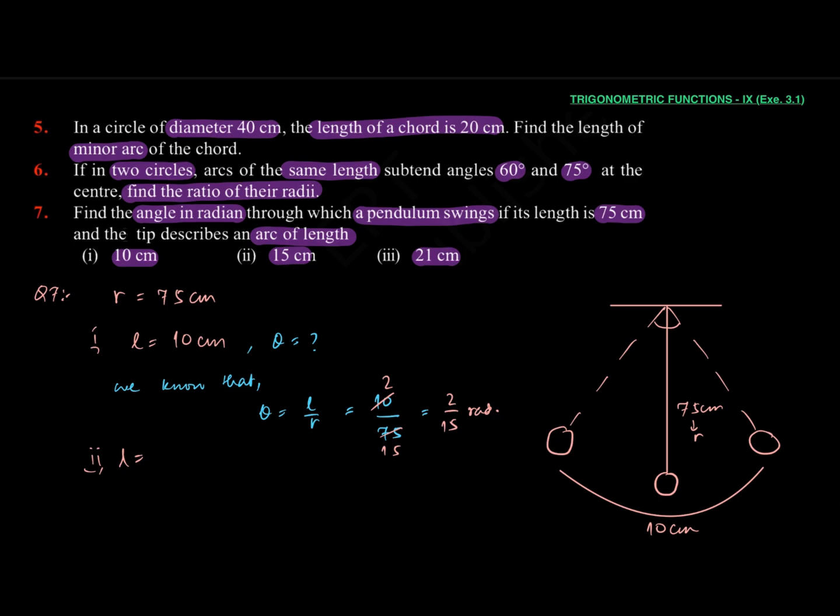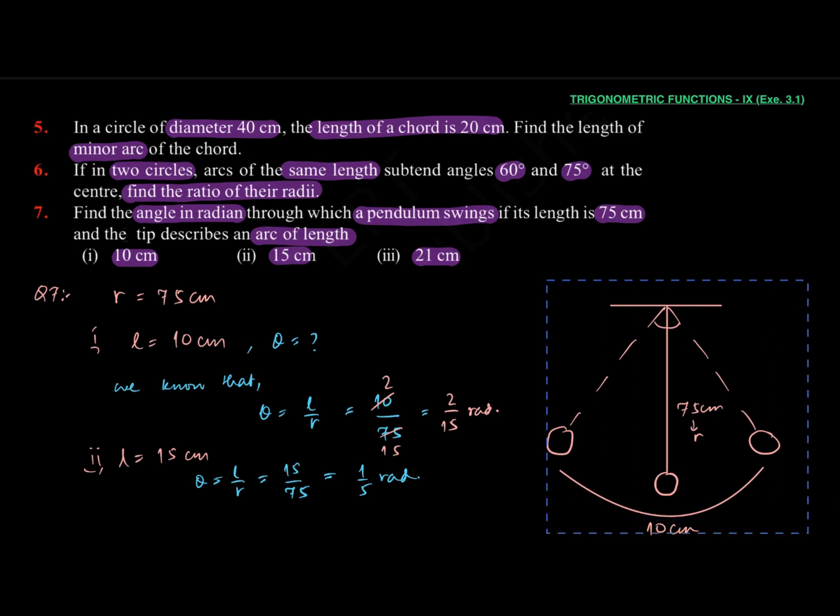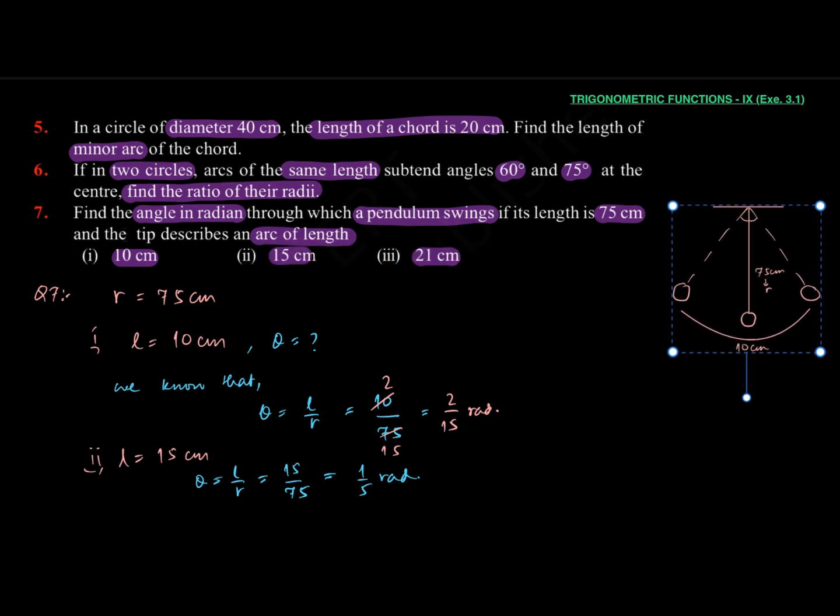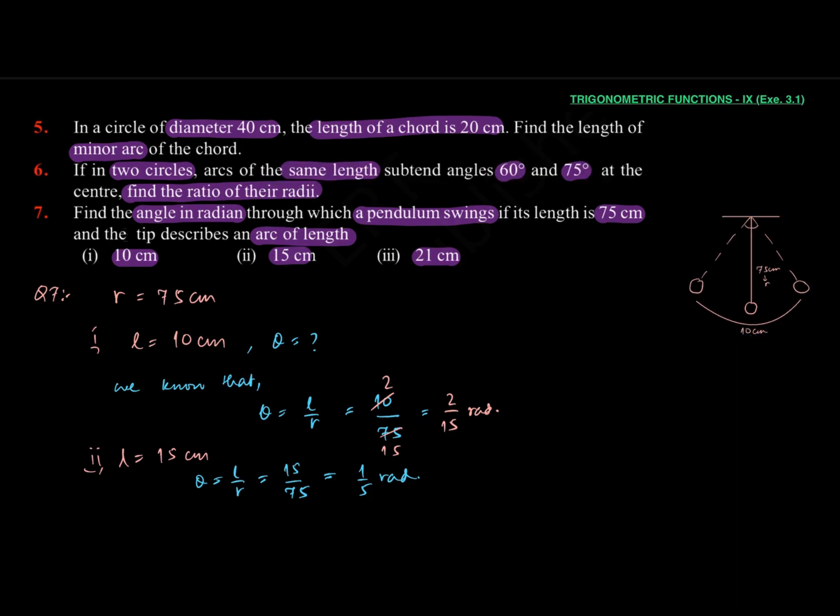Similarly, in part second, we have L equal to 15 centimeter. Here again, theta will be equal to L over R. That is equal to 15 over 75. This will be equal to 1 over 5 radians. And last part, that is part third, we are having L is equal to 21 centimeter.